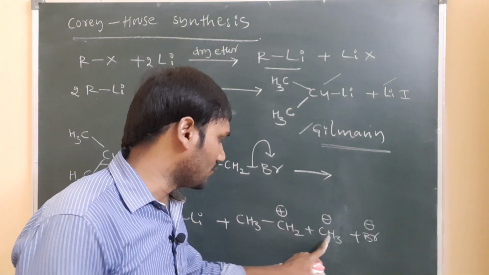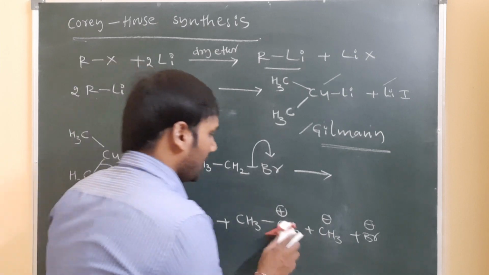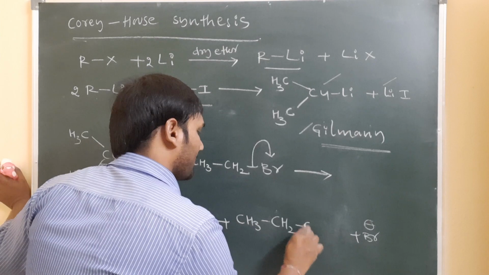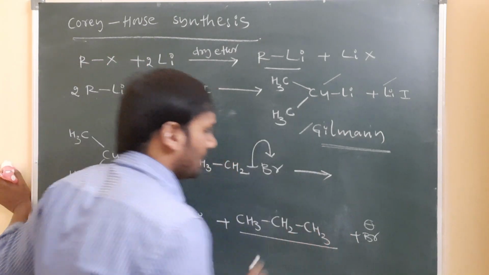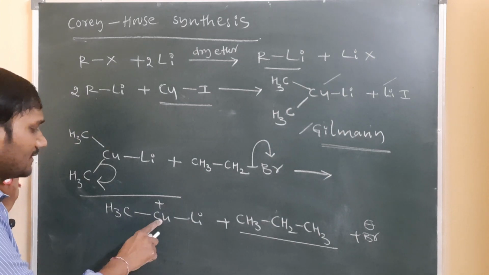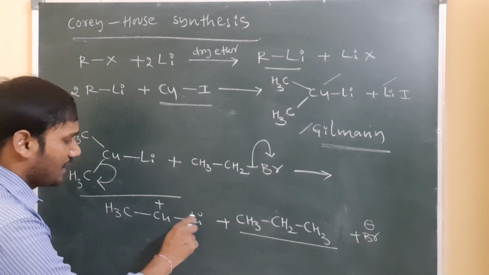Now this is CH3CH2 plus, this is CH3 minus, and both will be combined. One is CH2 and one more is CH3, CH2 and CH3. This is the product that is forming, this is our alkane.